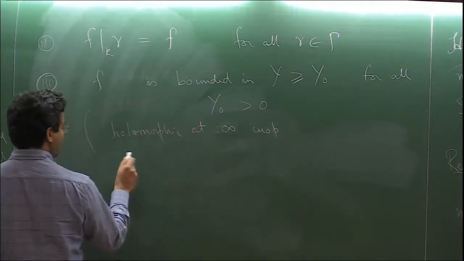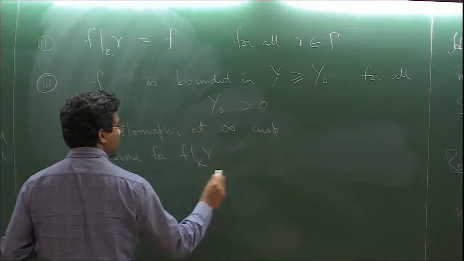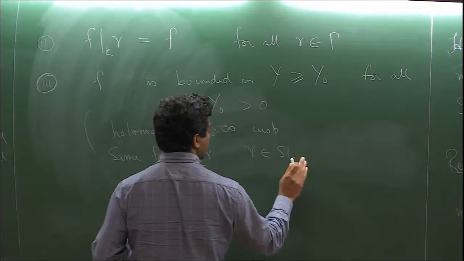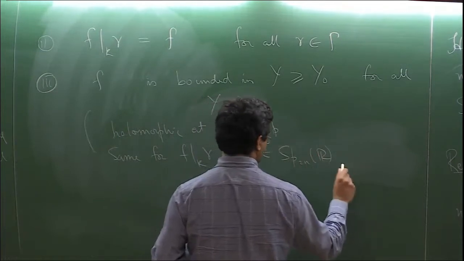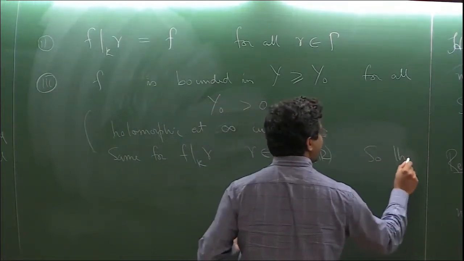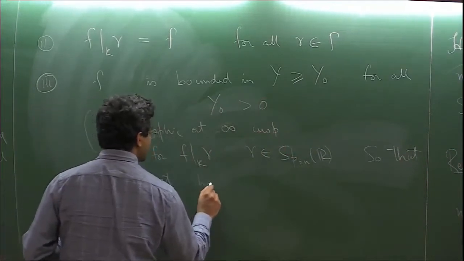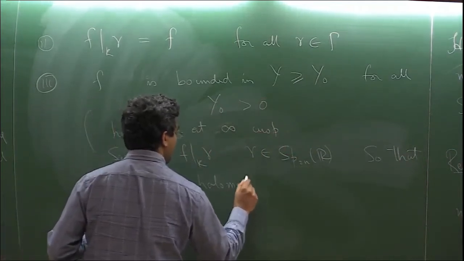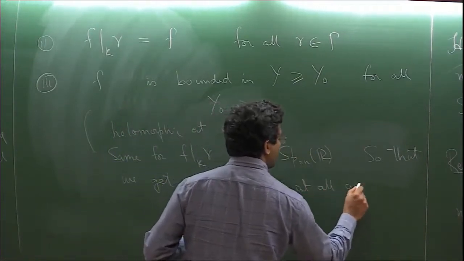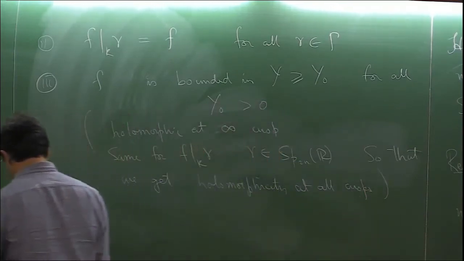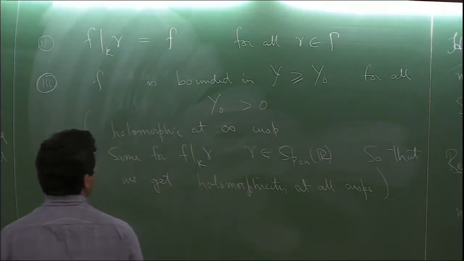And so the same for f slash gamma, with gamma in SP2N R, so that we get holomorphicity at all cusps. Okay. So that's the definition.